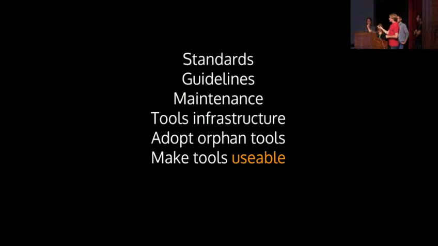But over time, we also adopted orphan tools. There are many tools in Galaxy that are very useful and well written, but not maintained anymore, so you don't get updates. This is kind of a problem because you have this namespace, you have a tool, but if the maintainer disappears for some reason, this package doesn't get updated. So what we established is a procedure for how we can adopt such packages.